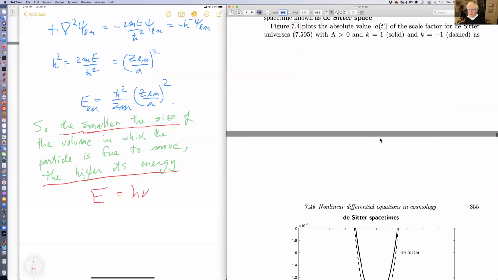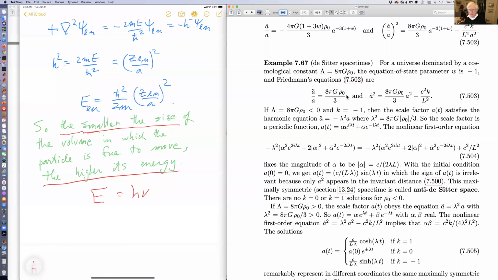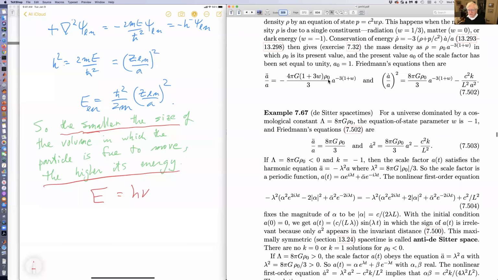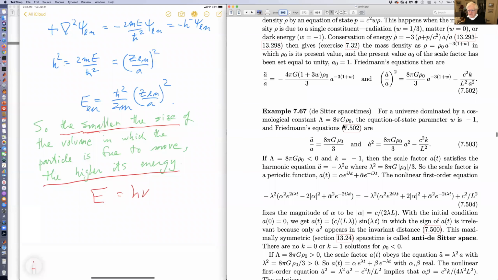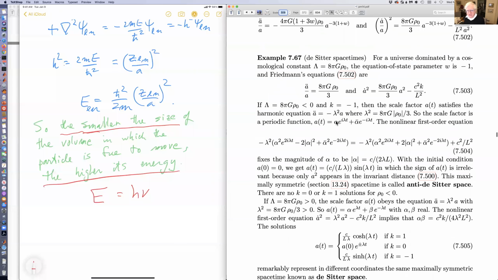Here are de Sitter universes, which are the case where you set rho 0 equal to some constant, a cosmological constant lambda over 8 pi G, G being Newton's constant.